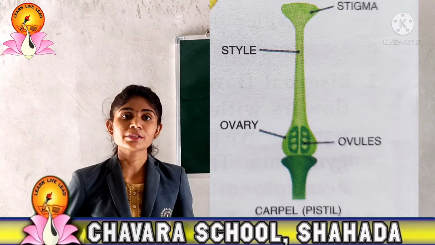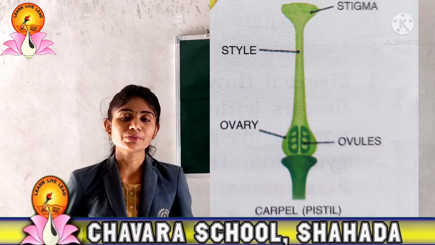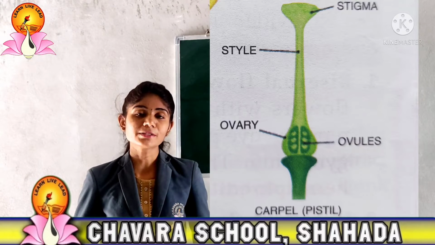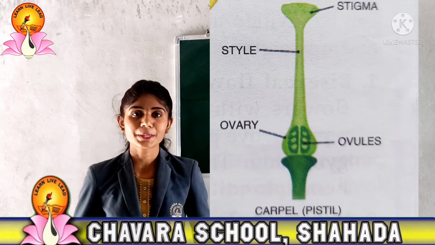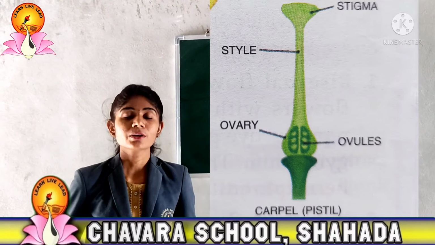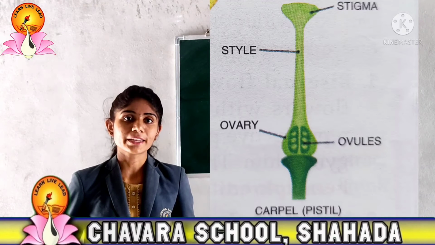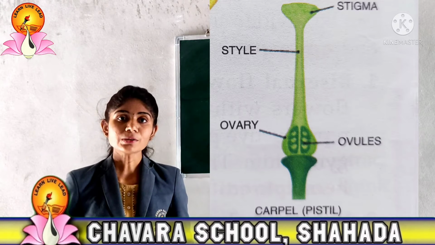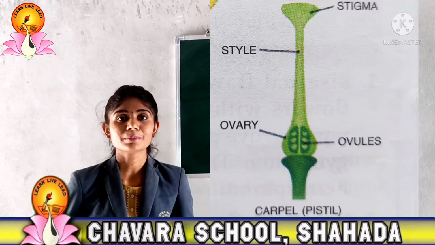The style has an expanded stigma at the tip. The stigma receives the pollen grains and transfers the male gametes of the pollen grain into the ovary. The ovary contains small rounded bodies called ovules, and the ovules contain the female gametes. That's why gynoecium is called the female reproductive part of the flower.